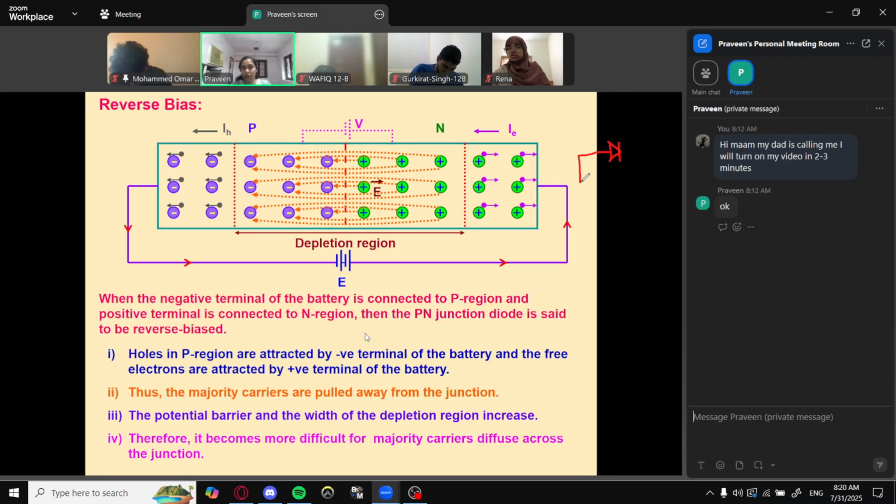The P part has to be connected to the negative terminal, and the N part has to be connected to the positive terminal. That will be connected through a switch and a tapping key. Switch and an external resistor will be connected.